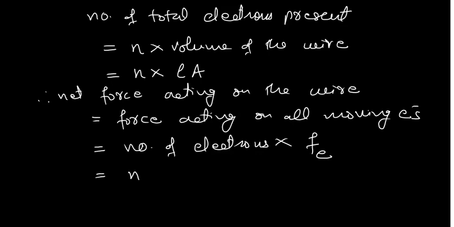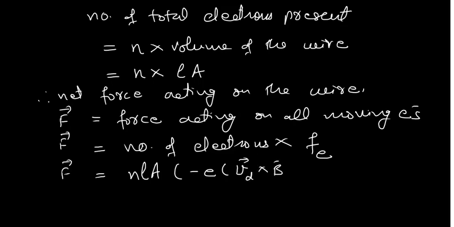The number of electrons is nLA, and the force on one electron is minus e Vd cross B. So F equals nLA into minus e Vd cross B.